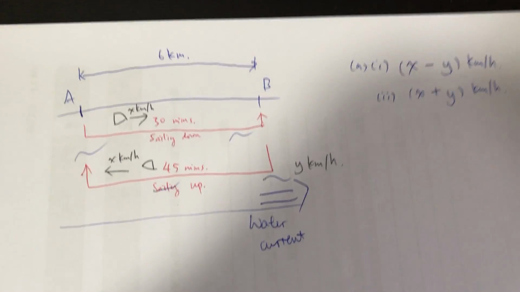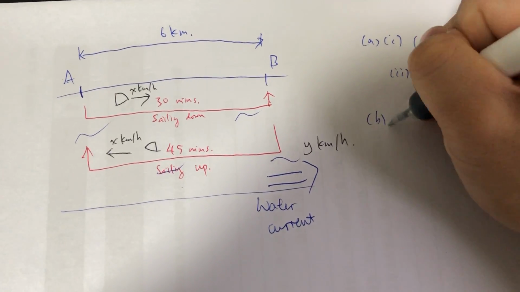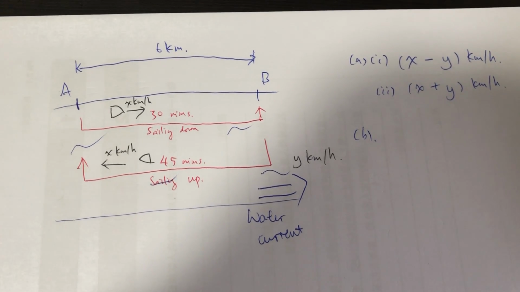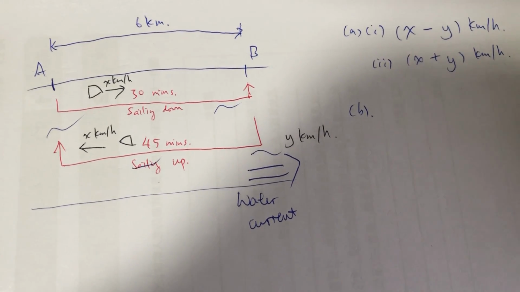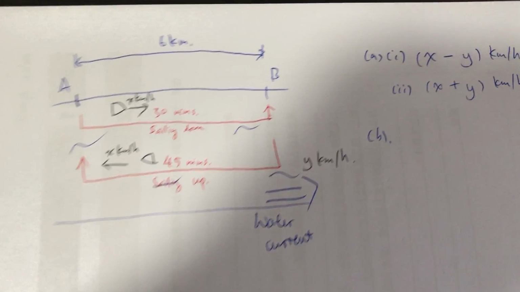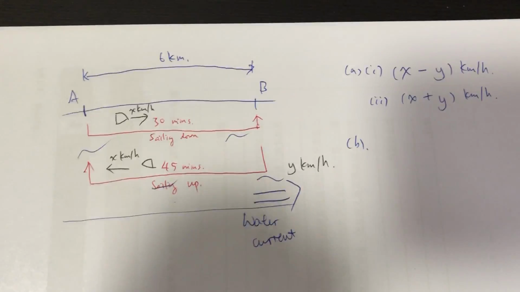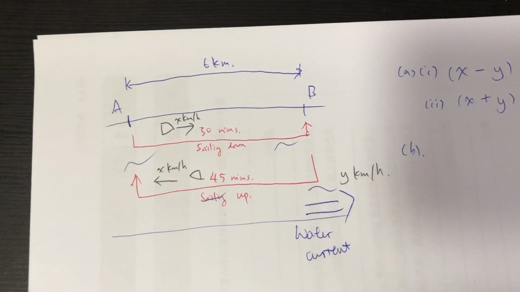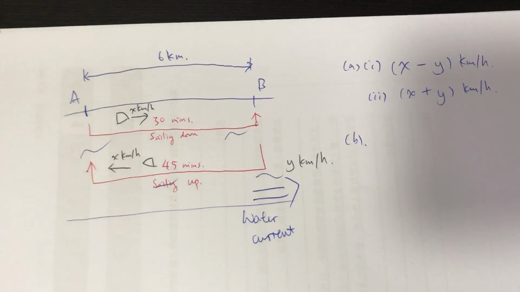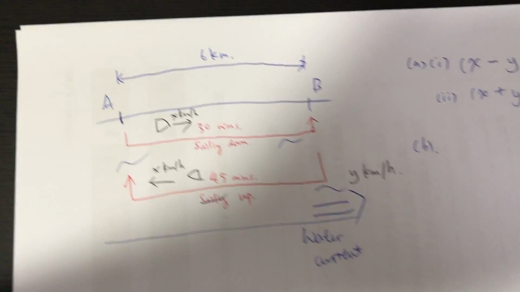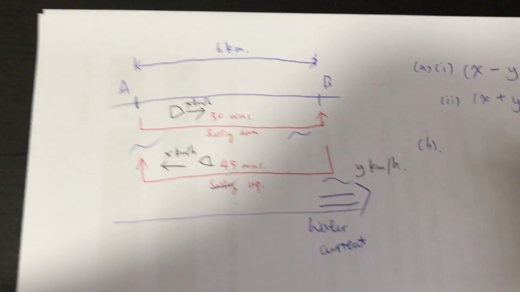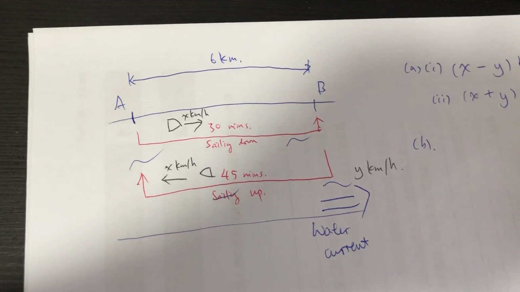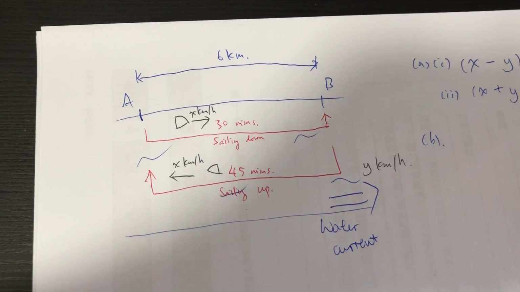And then B, we try to solve the equation. We have many ways to solve this equation, because maybe we can use the definition of speed first.